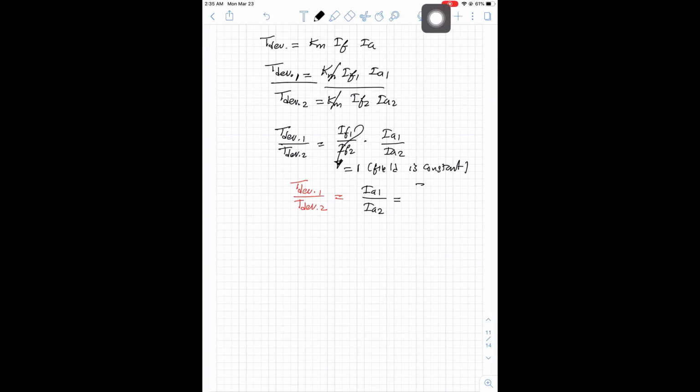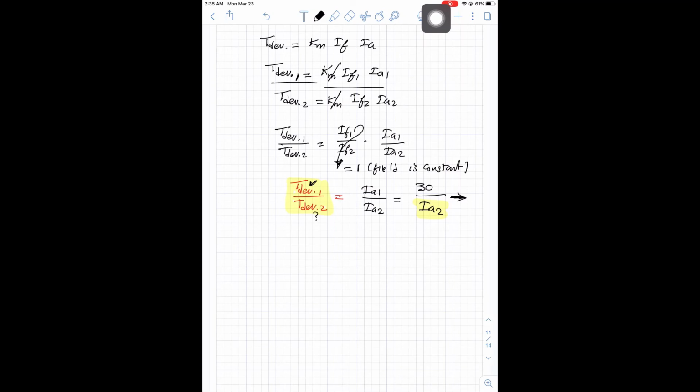I armature 1 is 30 amperes, I armature 2 is unknown. Now we have an equation which has I armature 2, but we still have T developed 1 divided by T developed 2, which is unknown.